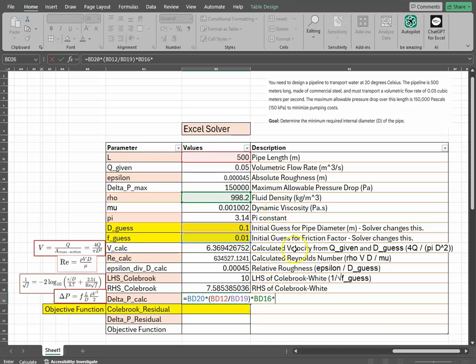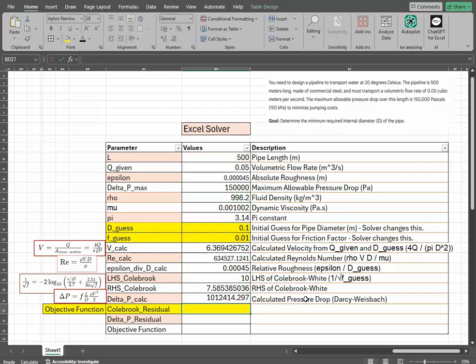V square by 2. So we put the bracket on the whole term and then divided by 2. So we'll get that delta P calculation.